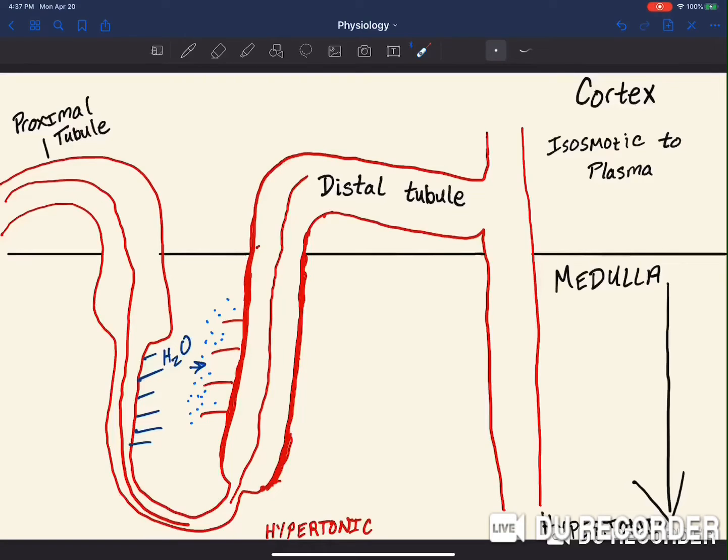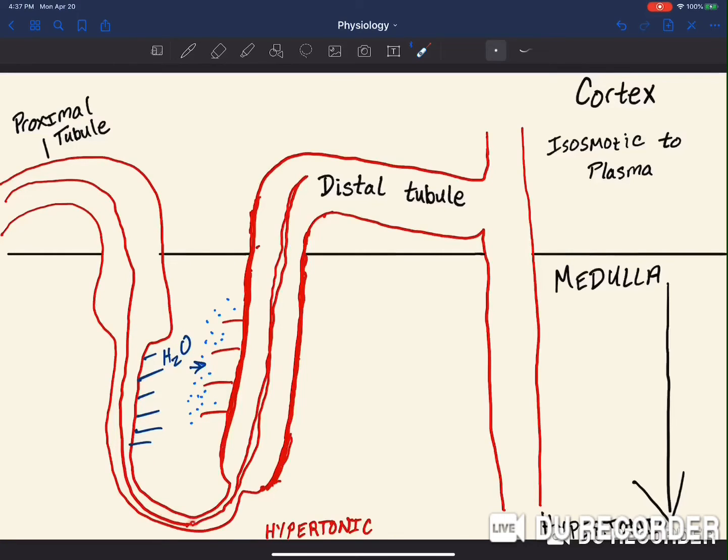And then we go up our ascending loop. And again, remember, what did I say about these walls? These walls are impermeable to water. But it's going to pump out all that extra sodium that was collected or that was concentrated through the process that happened over here.